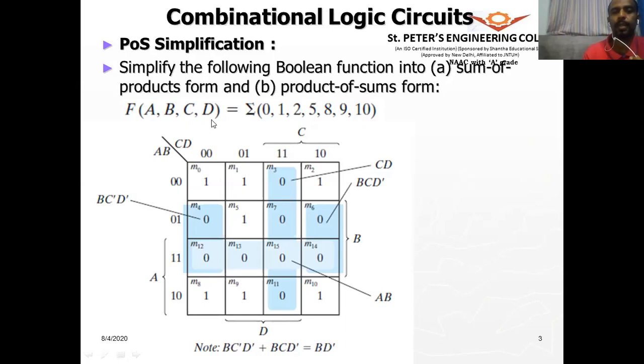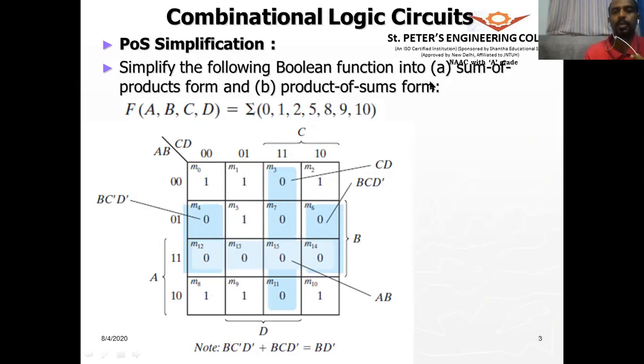F is a 4 variable function, so you will get a 4 by 4, that is a 16 square Karnaugh map. The output is high for M0, M1, M2, M5, M8, M9 and M10. For all others, it is 0.